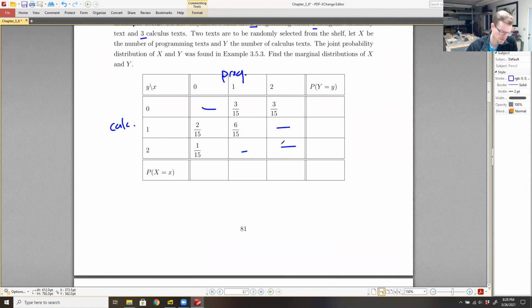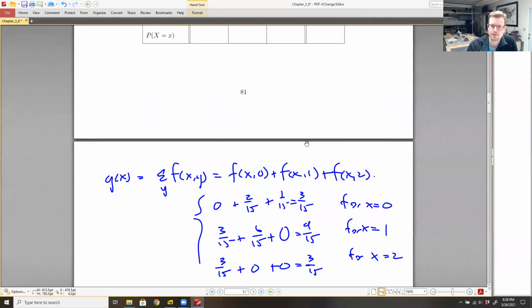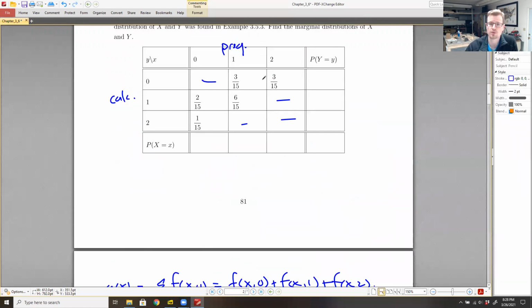So 3, 0, 0. So this is the marginal distribution of x, 3, 9, and 3 over 15. Which, if we wanted to, we could have observed in the table as well. 2 plus 1 is 3, 3 plus 6 is 9, and 3/15. Okay, so that's our marginal distribution of x.